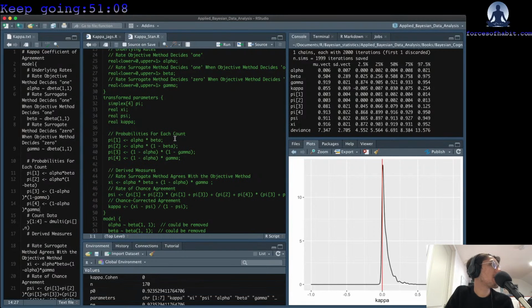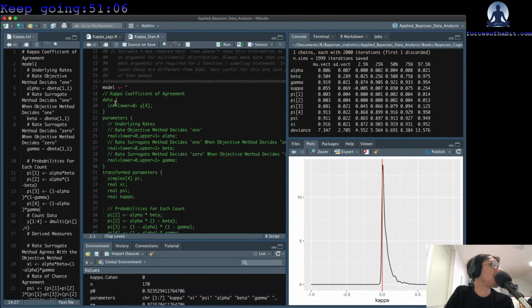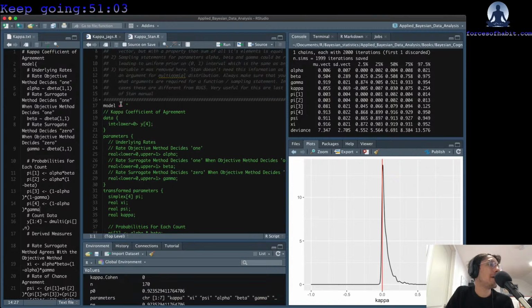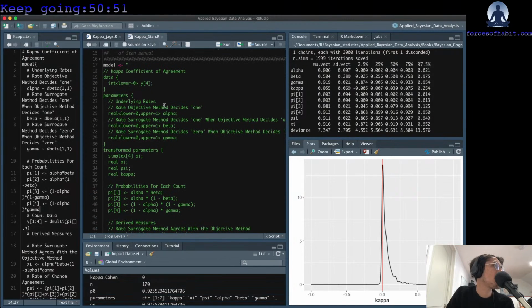Cool. So here's the model. Discrete variable, lower bound 0, and we have 4 observations. We have the parameters for alpha, beta, gamma.